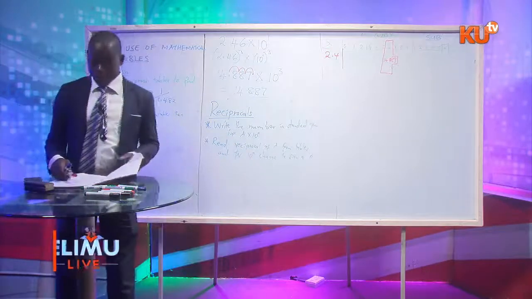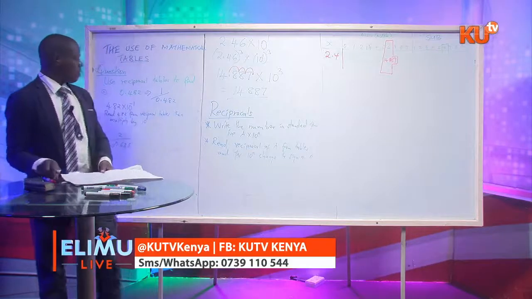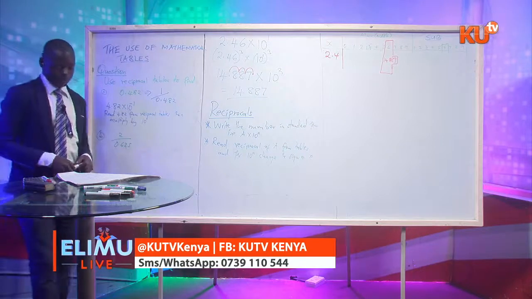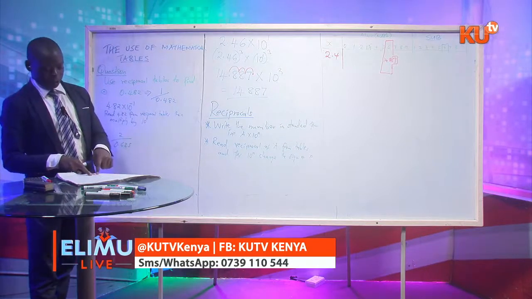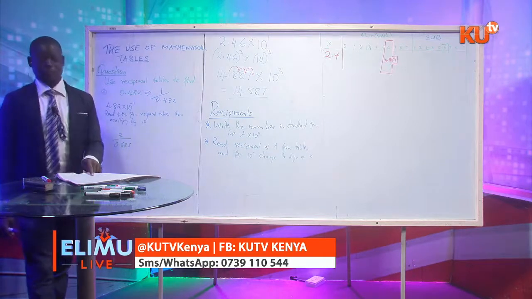So turn to page number 17 and identify 4.8 in the x column, and move below 2. You find the value is 2075.